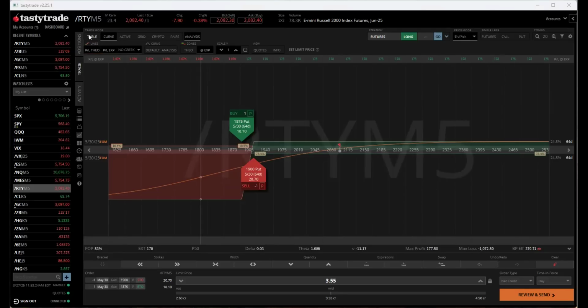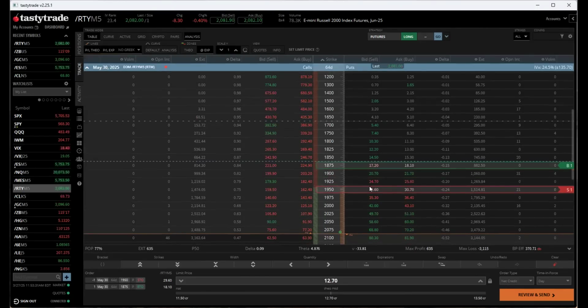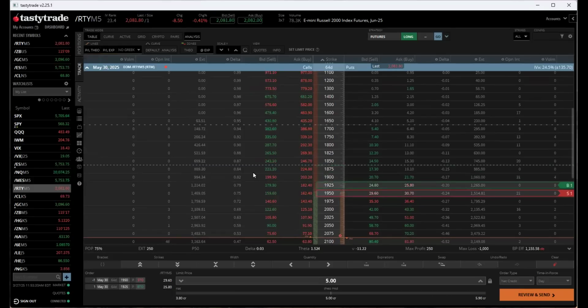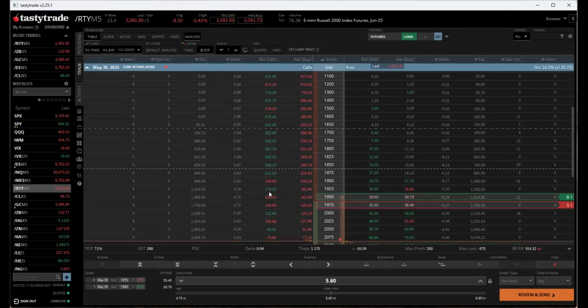And also, if you want to not use a stop loss on this thing, then we start to look at stuff around that 30 delta or so. And I don't know if this really sets up great for this or not.